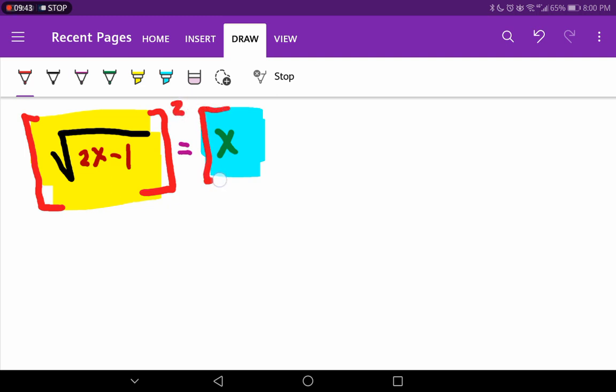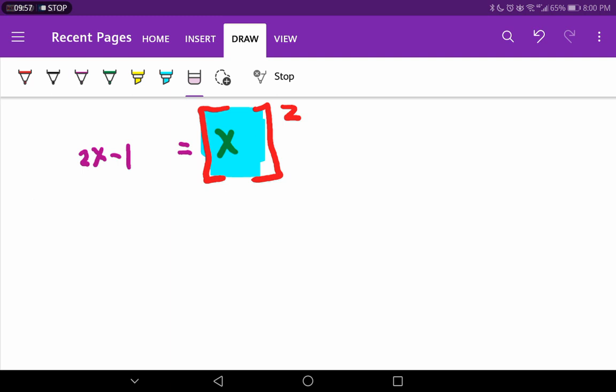You can say what you want. Why do I square, or why do I raise to power 2? To kill the radical. You see? It is beautiful, yes. What about this? It will be x squared.